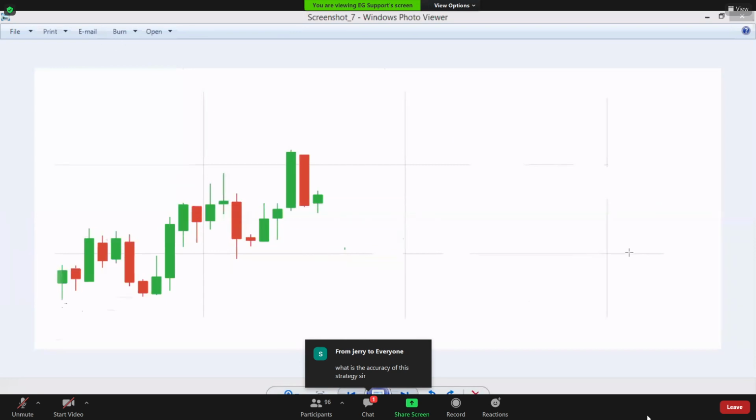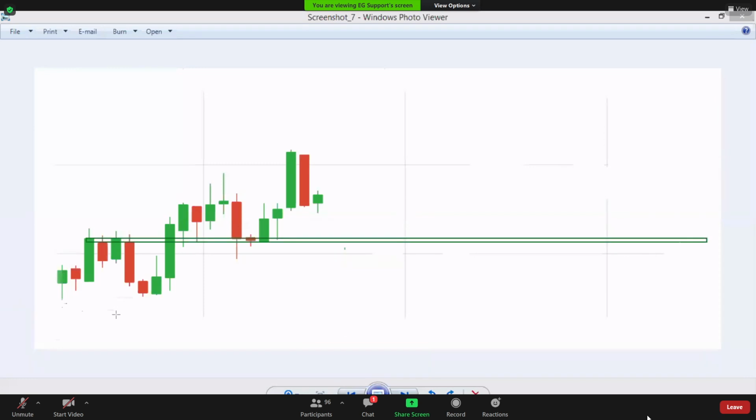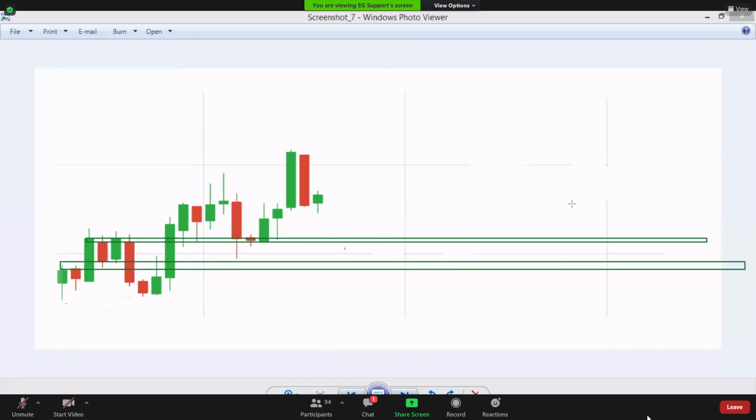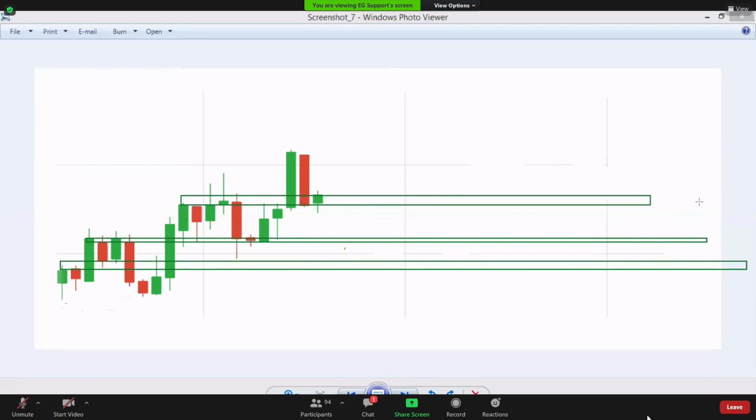Don't draw, I will draw for you. So it's a complete SNR level and this is also a complete SNR level and this is also a complete. So we have three complete SNR levels.